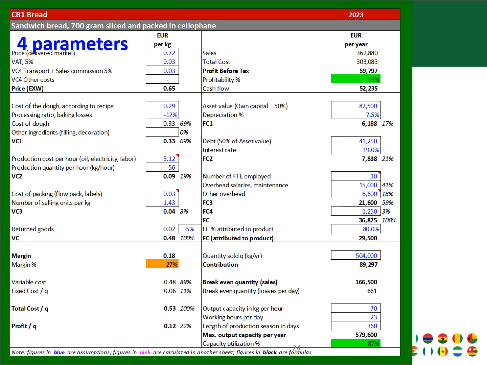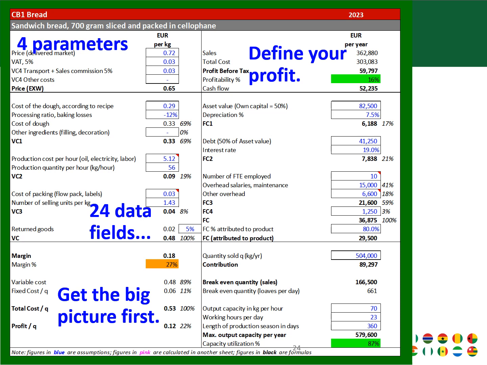So, 4 parameters, 24 data fields with assumptions. These define your profit before tax. What the cigar box allows you to do, and it stimulates you, is to get the big picture first.